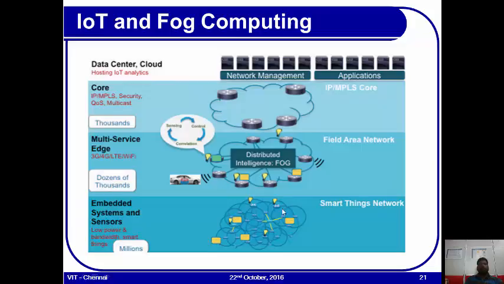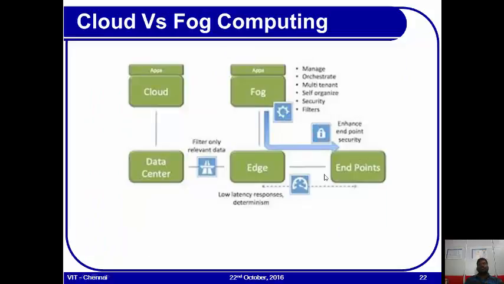IoT and fog computing: we have embedded systems and sensors, dozens of multi-service edges, core and data centers and clouds. The broad difference between cloud and fog computing is that we have a data center with the cloud, and an edge node with the endpoints in fog computing.